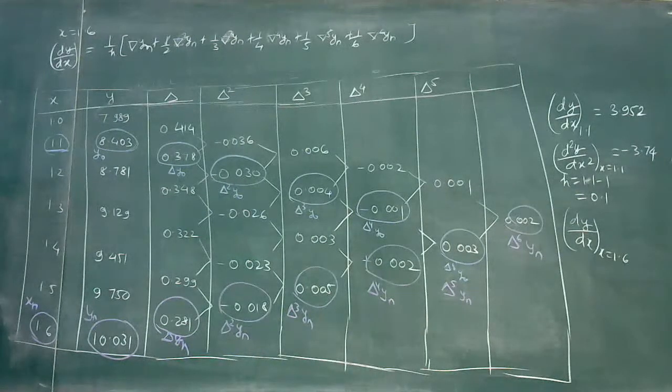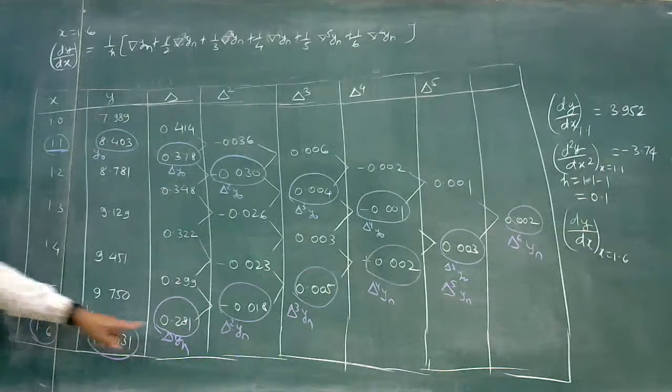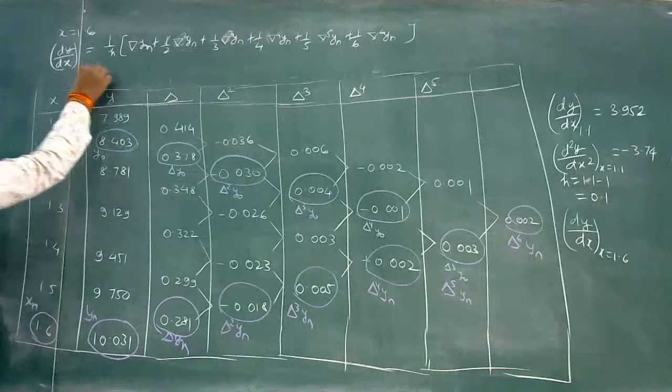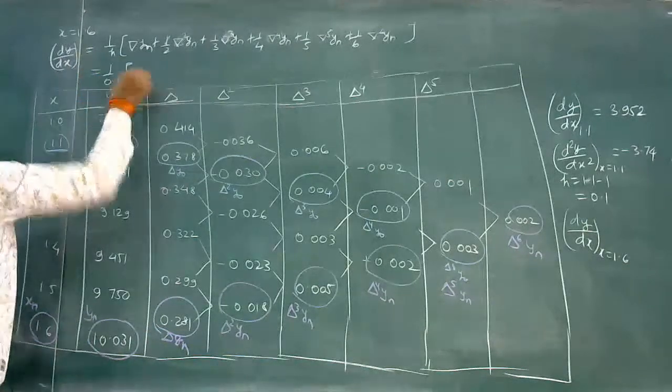Okay. So now substitute these values. Okay. So this is del yn, and h is 0.1, so 1 upon 0.1.